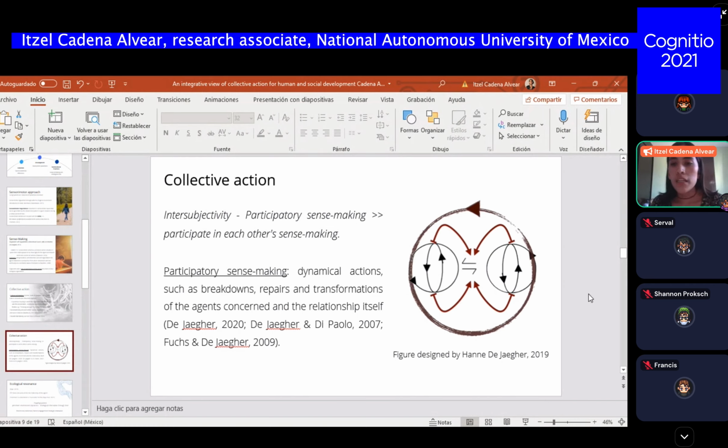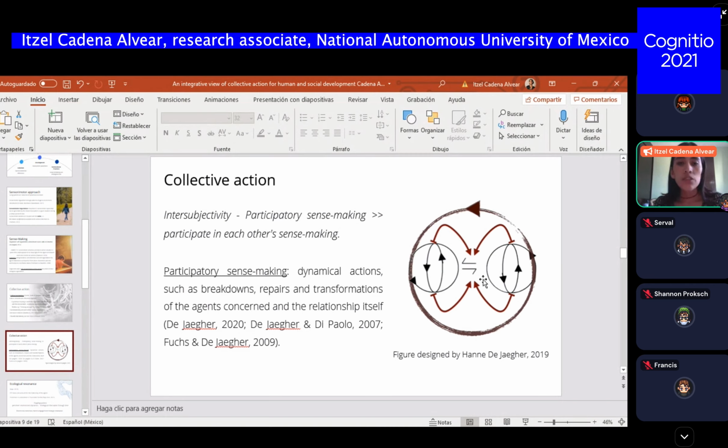So we illustrate it with the figure made by Hanne De Jaegher, who is a really great philosopher from the 4E cognition approach, in which she explains that the participatory sense making is made by two living systems that depart from a kind of sense making based on their sensory motor schemes, their development, and their historical context. And then they create another system that will be called their participatory sense making. So they participate in each other's sense making.